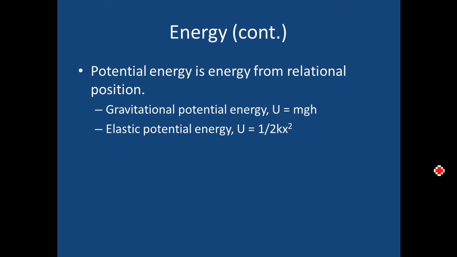Like if you've compressed the spring, it has potential energy, or maybe it's in an electric field, etc. I'm basically just going to talk about gravitational potential energy right now, and that is equal to an object's mass times acceleration times how high it is above the deck. And then there's one for a spring, but I'm going to ignore that for now because that doesn't really have to do with rocketry.